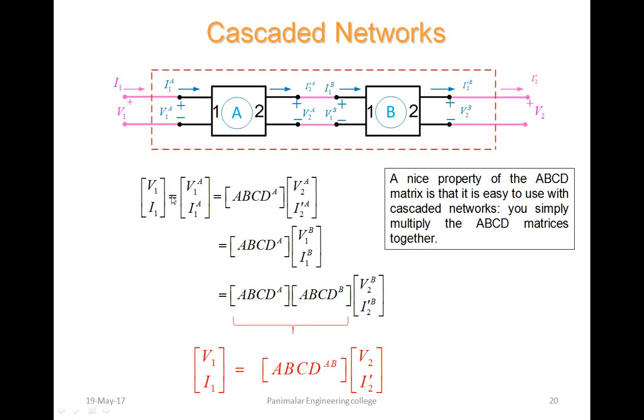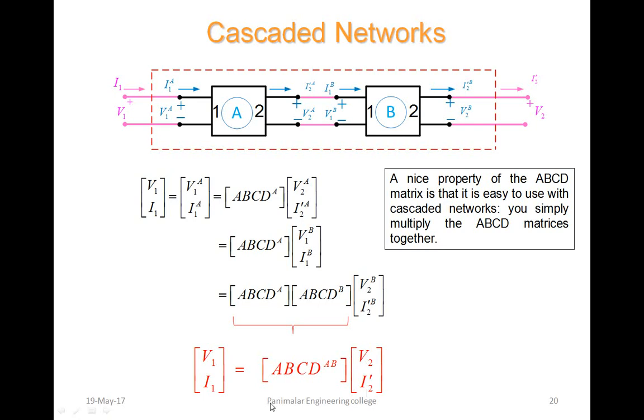So now V1 and I1 are written as the values pertaining to network A. So V1 A, I1 A, and the corresponding ABCD parameters for network A, and V2 A, I2 dash A. The same thing is obtained for B also, because, look at the cursor, the output of network A is connected to the input of network B. Hence the expression is written as the product of the ABCD coefficients of A and the ABCD coefficients of B. So the matrix for the cascaded network is written like this: V1 I1 is equal to ABCD, the product of A and B networks, into V2 I2 dash.